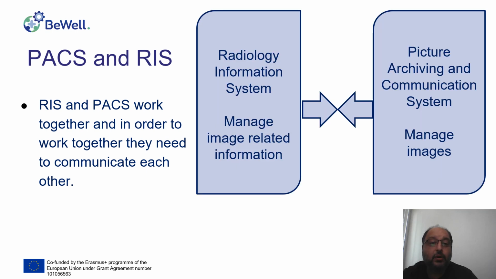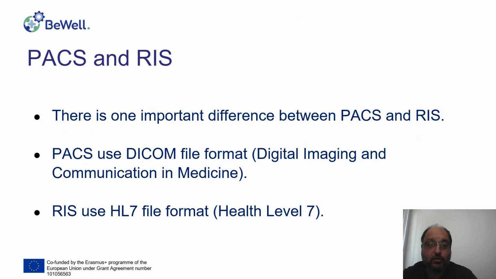The radiology information system and the picture archiving and communication system work together, but in order to work together, of course, they need to communicate with each other with this information, the image-related information and the images. But the main problem is that they do not speak the same language. The picture archiving and communication system uses the DICOM file format.